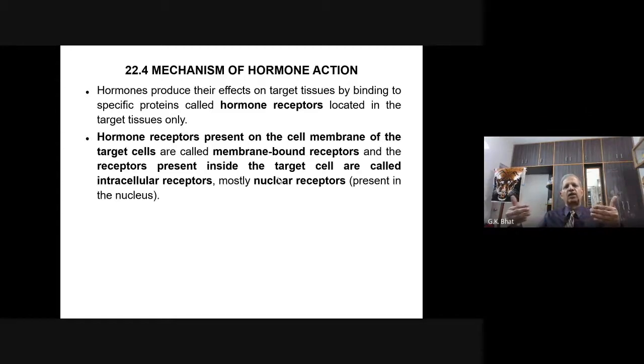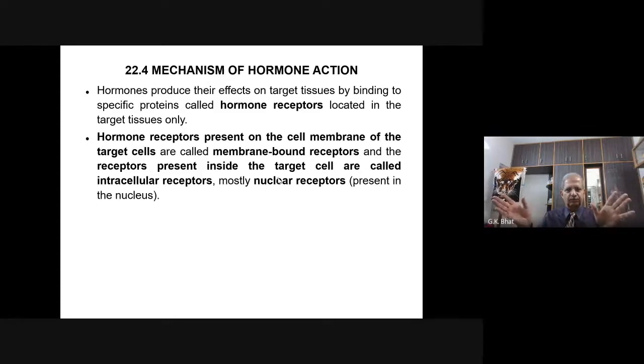Sometimes some of the hormones are in a position to cross the plasma membrane, enter into the cytoplasm, enter into the nucleus, and make the chromosome, make the DNA undergo replication and start synthesizing a particular protein.